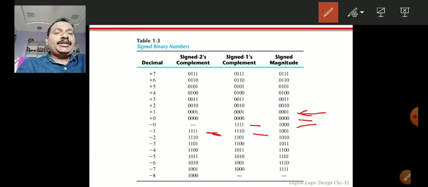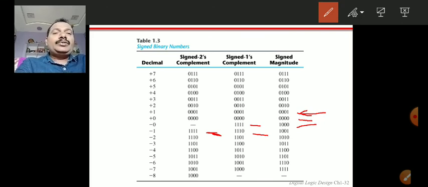In the sign and magnitude representation, the magnitude value is 1, as it is, and in the sign bit position it is 1, that's all. So that is how a number, whether positive or negative, is represented in 3 formats.